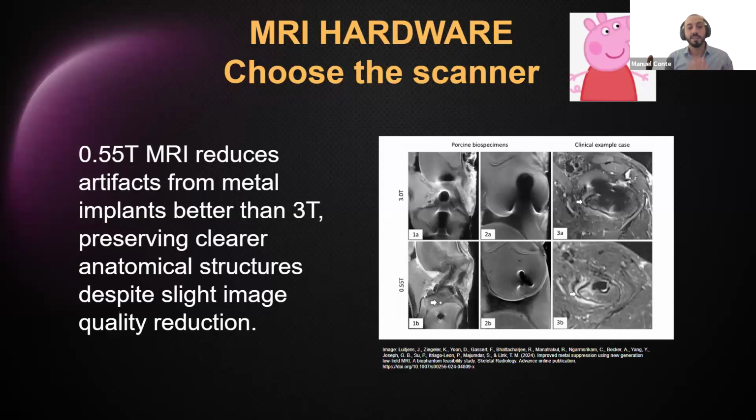And even if the SNR is low and the image quality is low, the images at 0.5 Tesla are better than 3T. For example, in images 1A and 1B, image 1B is, in my opinion, better than the upper one.